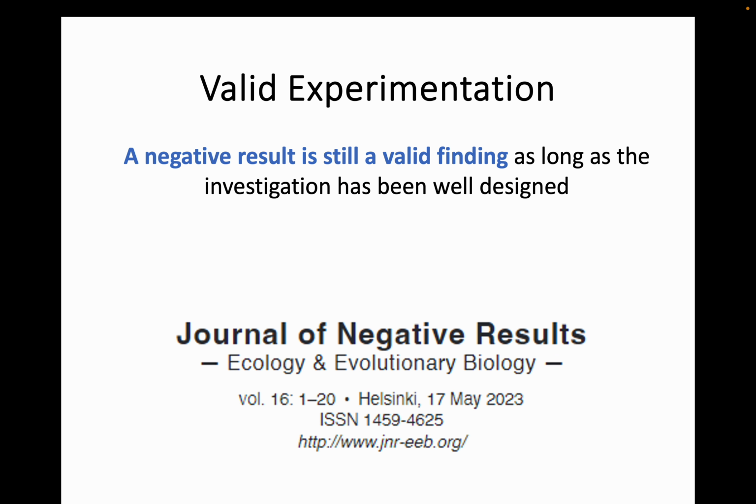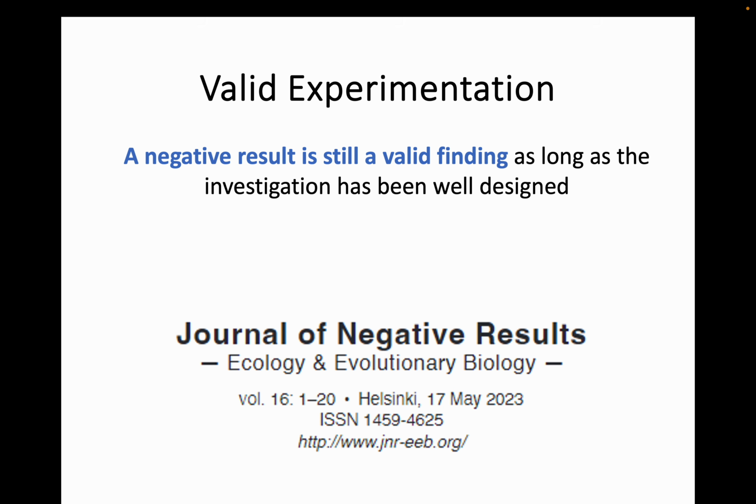Another thing that people always get mixed up about is, even in school, if you do not have a result from your experiment, if you find nothing out, if there has been no effect, that is still a valid finding. That is still something new that people maybe did not know. So often people think, again going back to the temperature example, if you found there was no effect of increasing temperature on transpiration rate, that's still a finding, and that's still a valid finding, as long as your investigation is well designed.